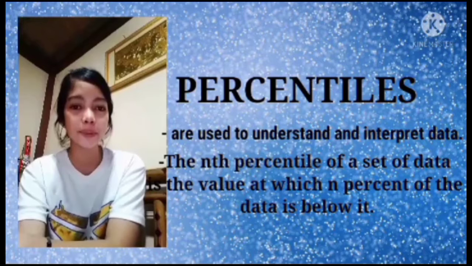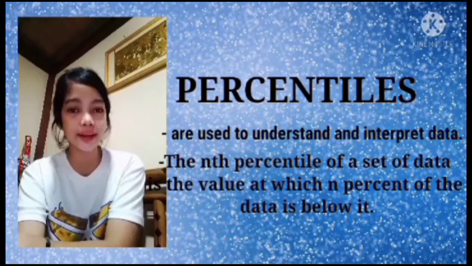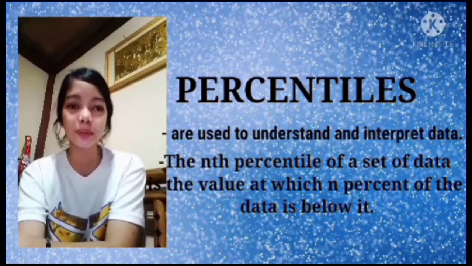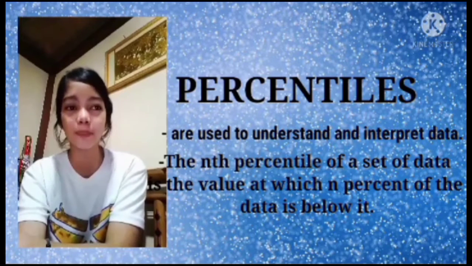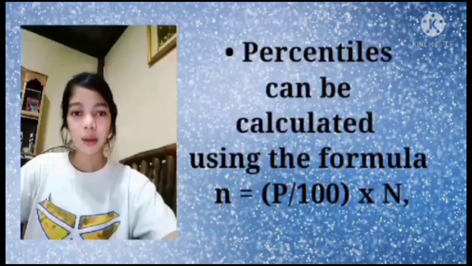In statistics, percentiles are used to understand and interpret data. The nth percentile of a set of data is the value at which n% of the data is below it.